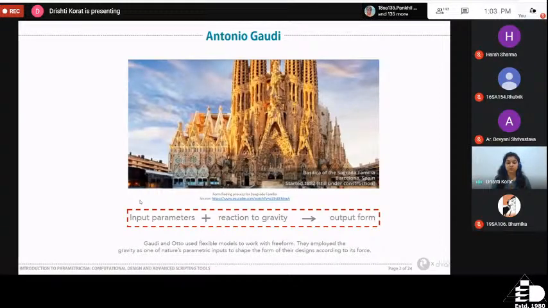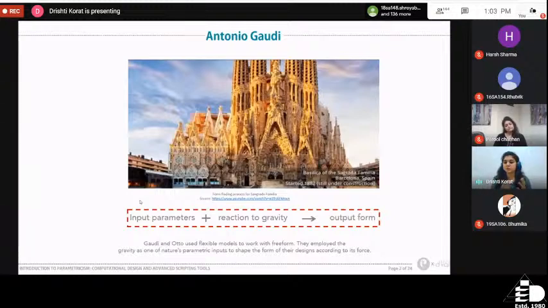Apart from Gaudi, Frei Otto is another such famous architect who started using this system in a more analogous way, which is through manual flexible models. He used soap bubbles to derive his canopy. He's someone who won the Pritzker Prize, and I don't know if you are familiar with his work.